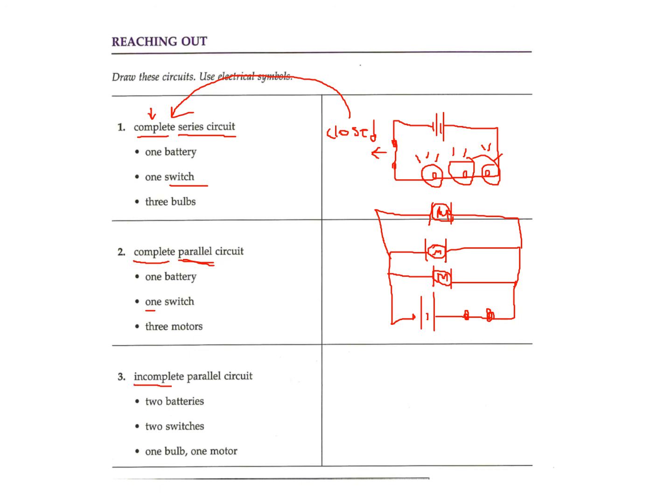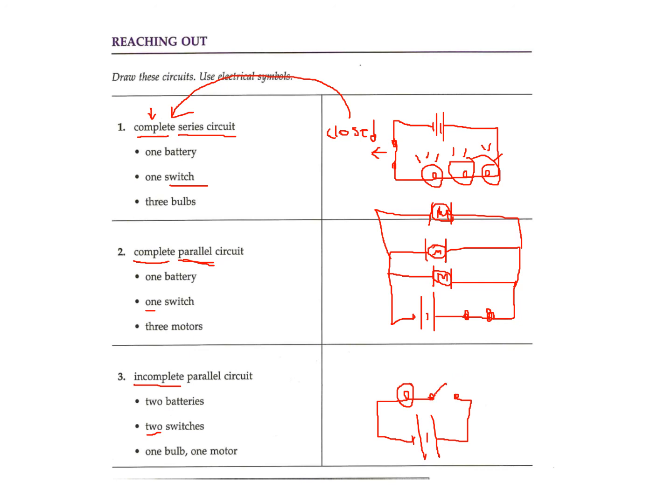This one, incomplete parallel circuit, 2 switches and 1 light bulb and 1 motor. So I'm just gonna draw my battery, okay? So 2 switches, incomplete means the switch is open, okay? So I put my 1 light bulb here. Okay, I don't like this switch too long.